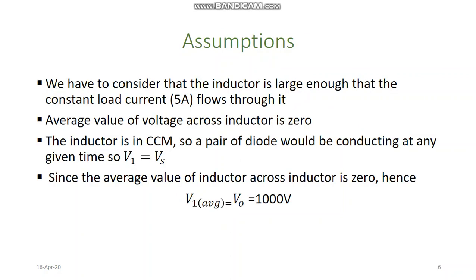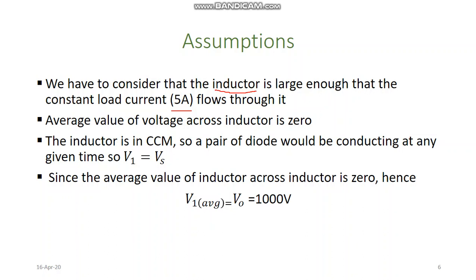In order to start our filter design for the inductor, we need to assume some things, and on the basis of those assumptions we will progress our inductor design. The first thing is that the inductor used as a filter is large enough that it is capable of providing a constant load current, which is 5 ampere in our example.